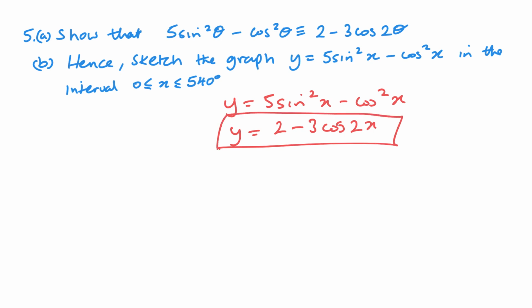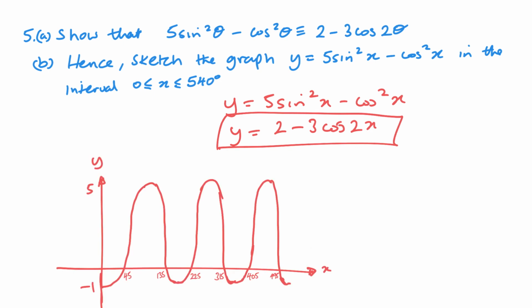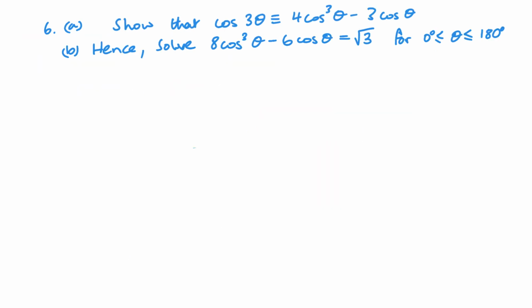So it's a cos 2x graph which has then been stretched by a factor of minus 3, and it's been translated by 2 in the y direction. So this will look like, you can see it's between minus 1 and 5 in the y-axis, and from 0 to 540 degrees in the x-axis.